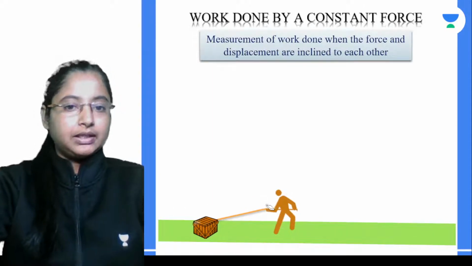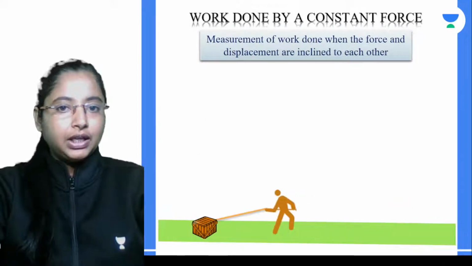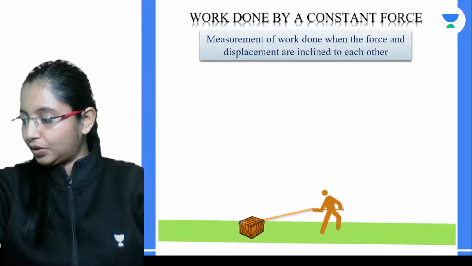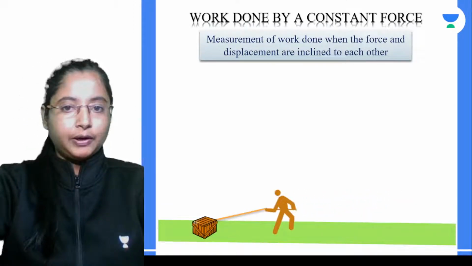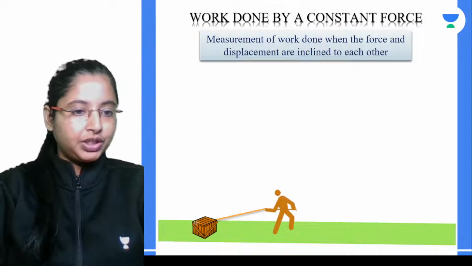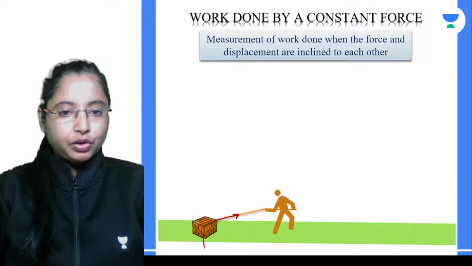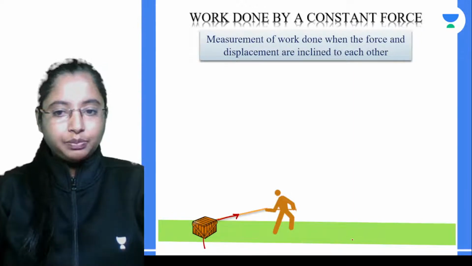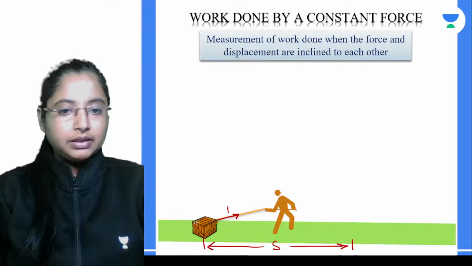In this case, the object was initially at this point, force acts along this direction, and after some time the object is somewhere around there. So this is the distance moved and this is the force applied.